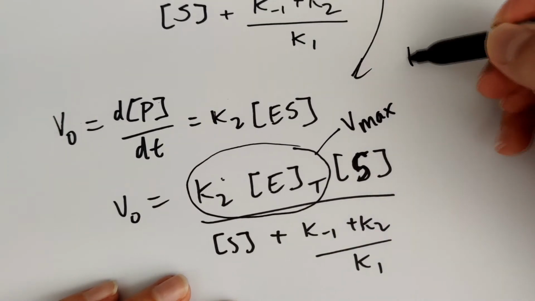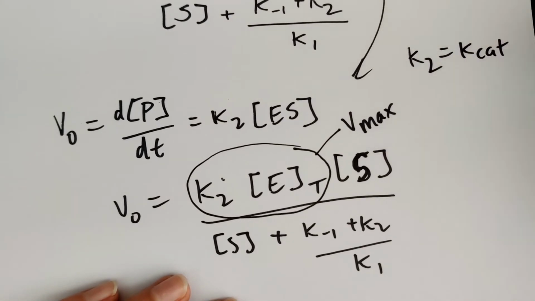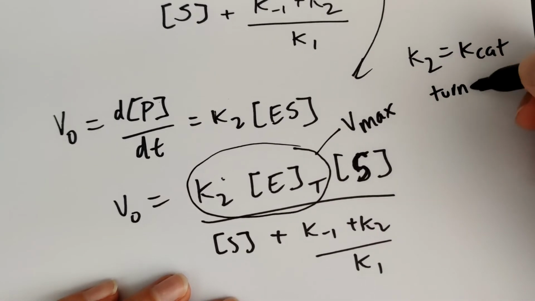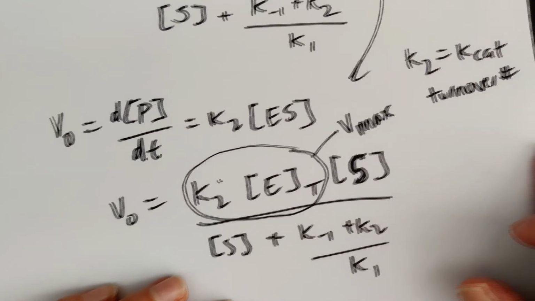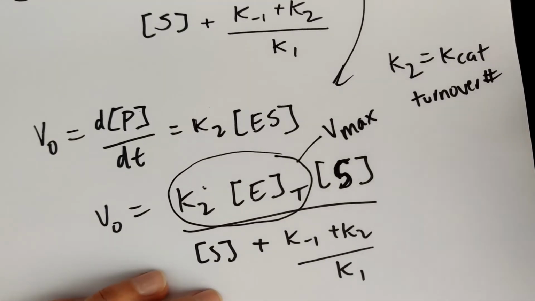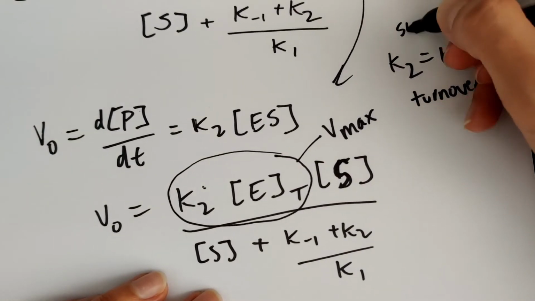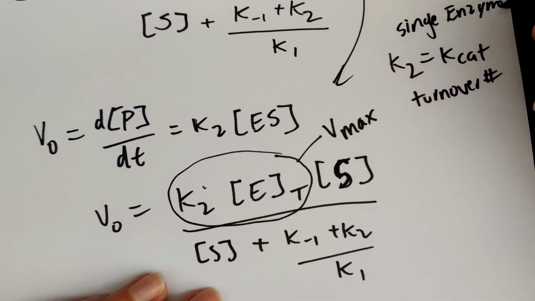So K2, sometimes referred to as Kcat, is the turnover number. So what this means is that it is the number of substrate molecules that a single enzyme can convert per unit of time, which for example could be seconds. So again, this is in reference to a single enzyme.